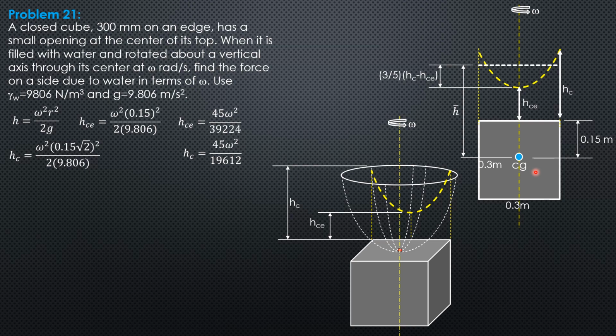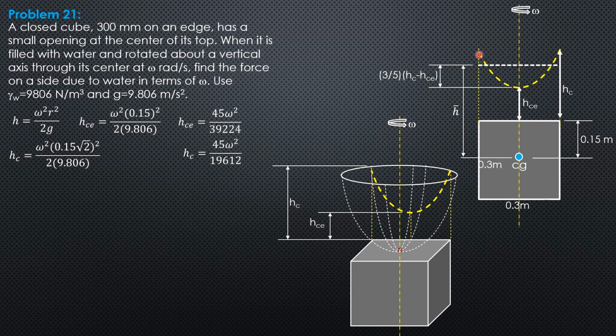specific weight of water times H bar times area, where H bar is from the figure 0.15 plus H sub CE. So this is the average imaginary water surface of zero pressure, and that location is equal to H sub CE plus this distance.